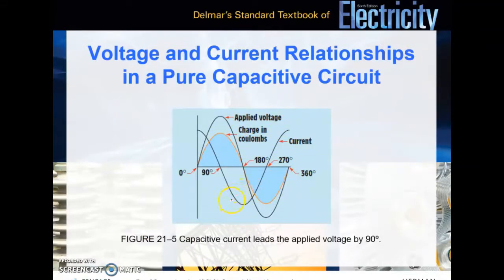So here we have a graph that shows the relationship between voltage and current in a purely capacitive circuit. This line here is the applied voltage. This red line that is in phase with the applied voltage is the charge on the capacitor, and we see that they are in phase.